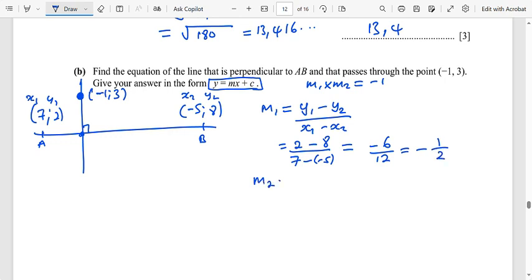So M2, the gradient of the perpendicular line, if I make M2 the subject of the formula from this function there, I get M2 being equal to minus 1 over M1. So this is minus 1 over a negative half, which turns out to be 2.